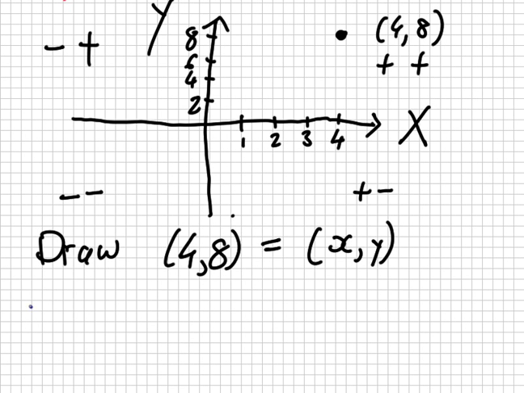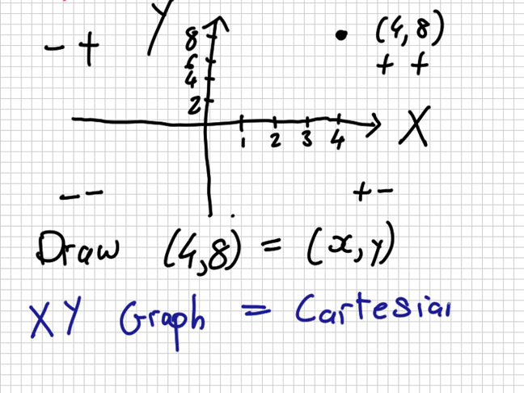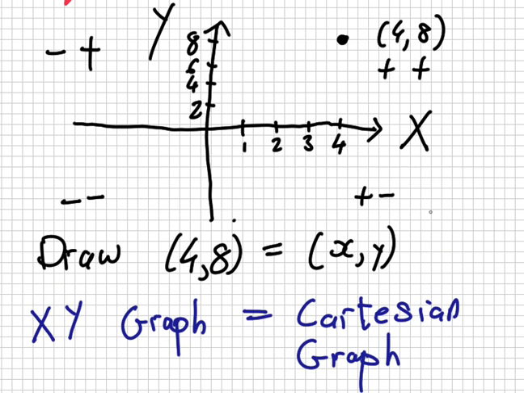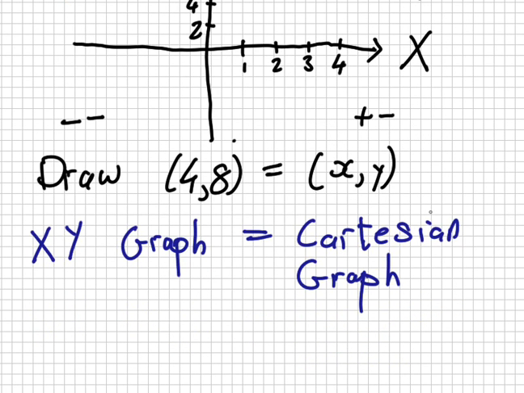But another name for it is what's called the Cartesian graph. So that's a little bit of vocabulary, okay? The XY graph, or you can just call it the Cartesian graph. Okay, so that's a first example taken care of.